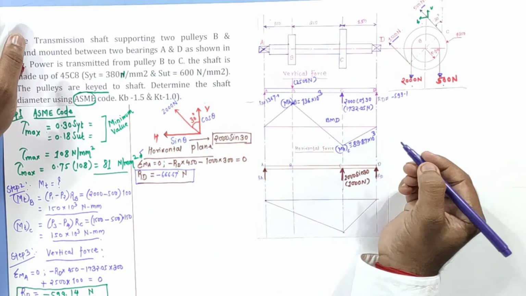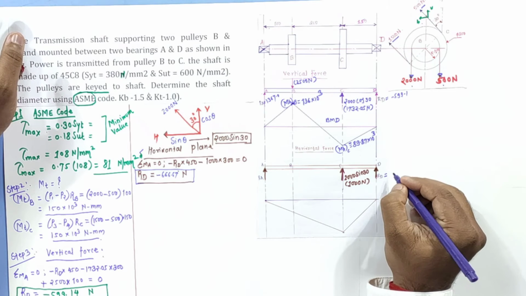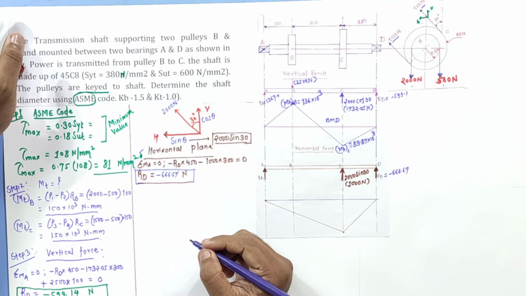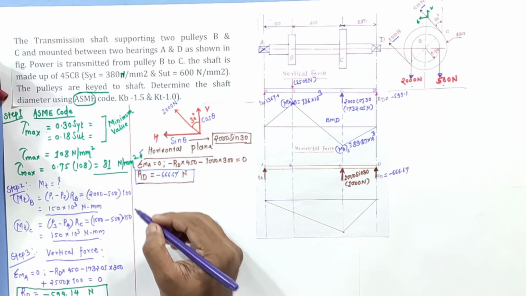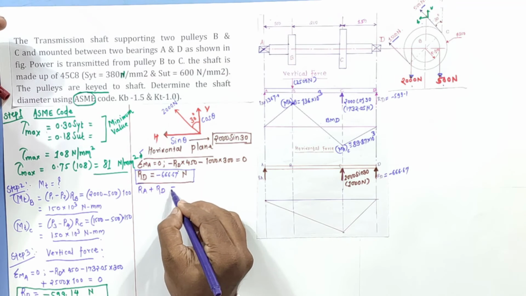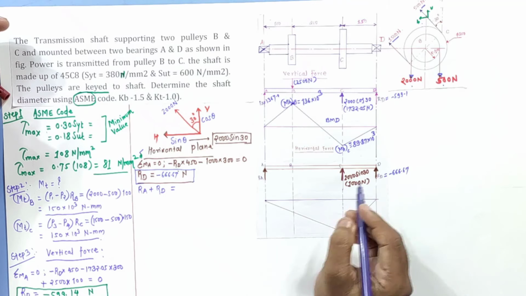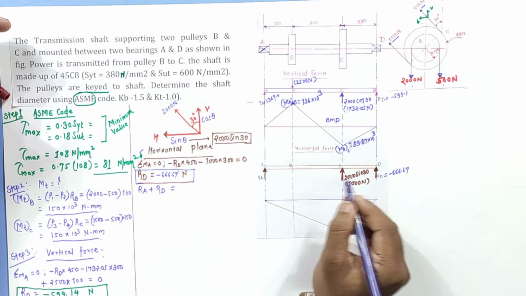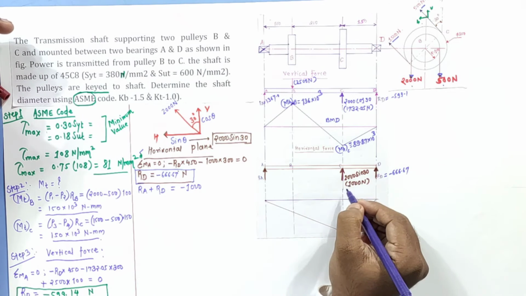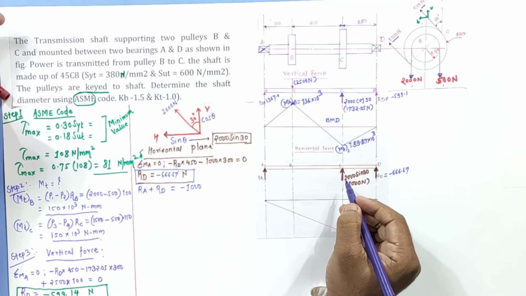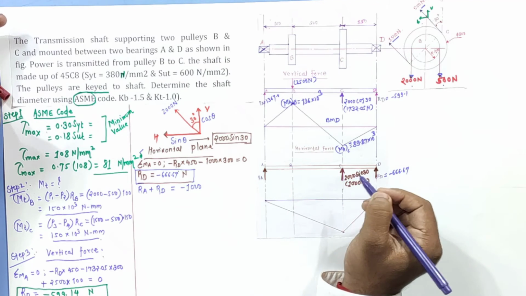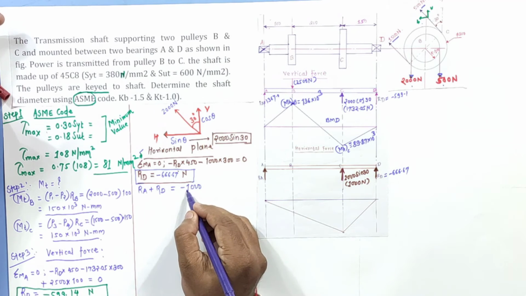This will be the reaction force at D. Correct? So the reaction force at D, I'll write here minus 666.67. Now we can calculate easily the reaction force for A: RA plus RD is equal to the total force I need to consider, that is minus 1000. Correct? If I consider the downward side, I have to take plus. Now we are considering this as minus, that is minus 1000.